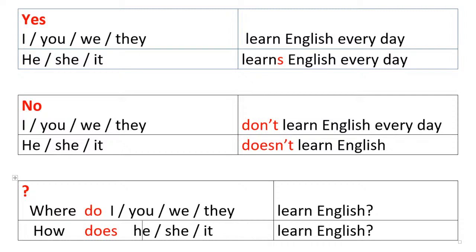If you have a question word in your question, what do you think? Where will your intonation go? So it will go down. And you stress the question words. Where do you learn English? How does she learn English? Okay, so I hope it's clear. This is how we form present simple. And now we're going to practice a little bit.